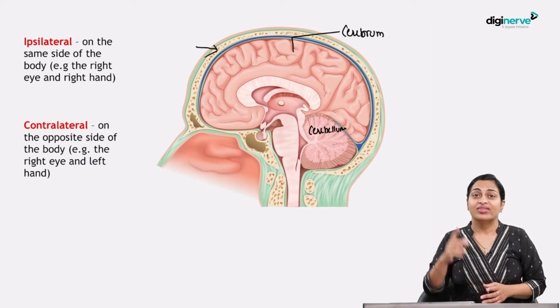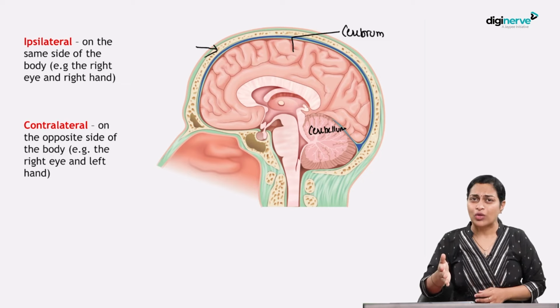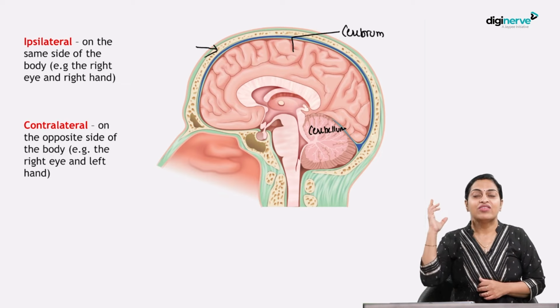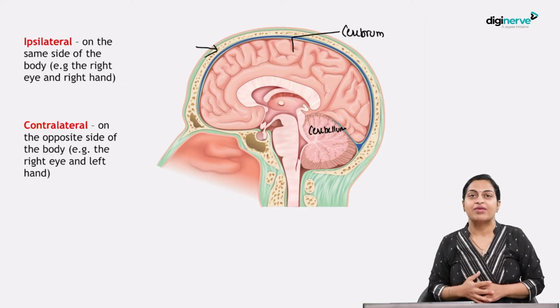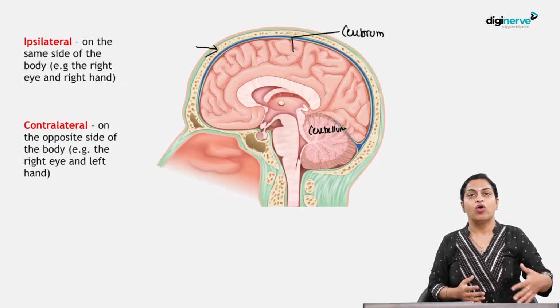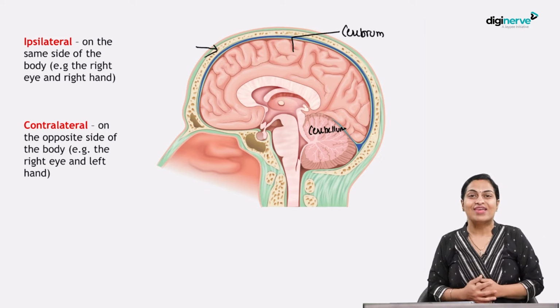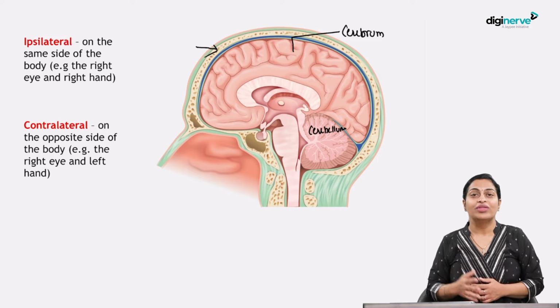You know what? The right cerebral hemisphere has control over the left side of the body. If there is injury to the right cerebral hemisphere, the patient will not be able to move the left side of his body. Whereas the cerebellum has control over the ipsilateral body.